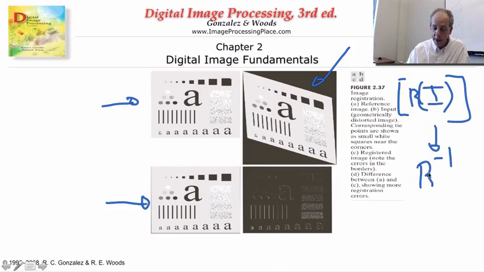And then I subtracted these two. Basically, I subtracted I from this one. So this is I, this is the rotation, this is the inverse rotation of the result, and this is the subtraction. And the reason we have differences is because of this sampling, this discretization of the space that we discussed in the previous video.